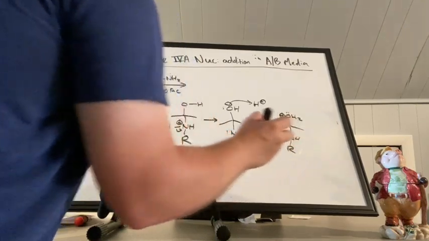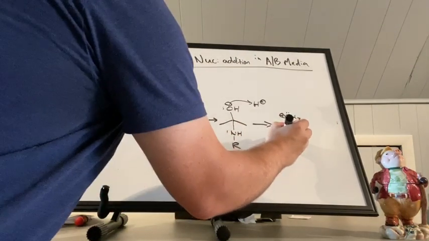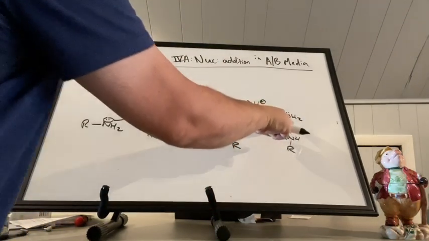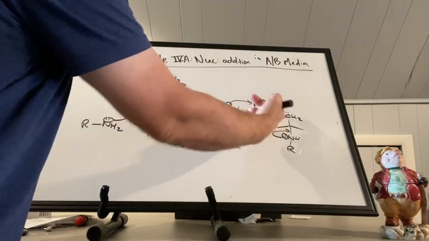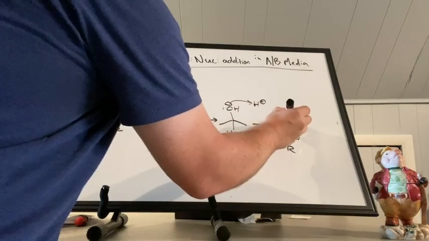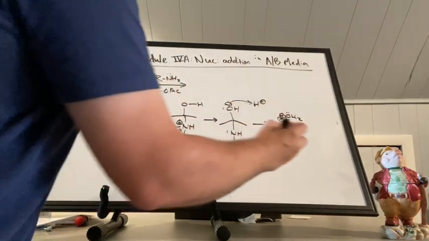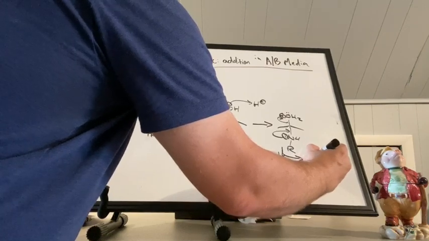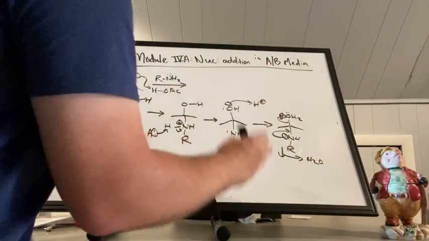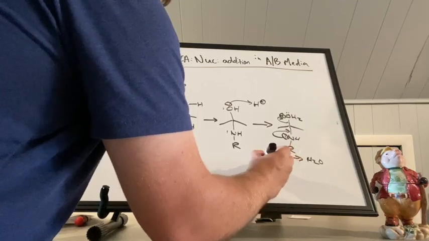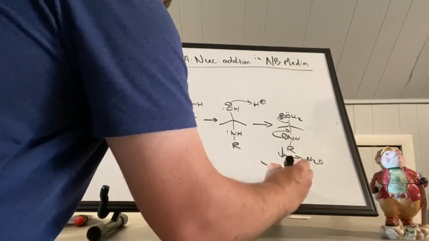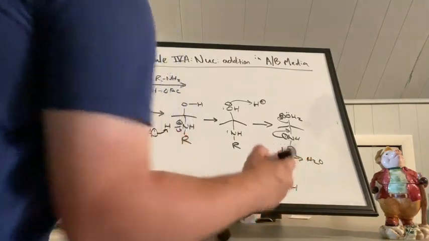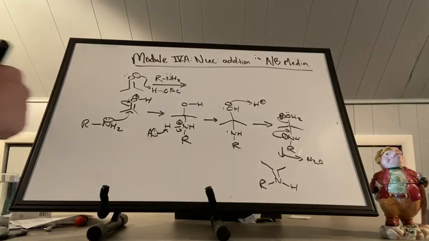Okay, so remember that lone pair is there. So that lone pair comes down and lends itself to this carbon that's more electropositive because this is drawing electron density out. It's going to kick that water off. That's going to be important because we're going to think back to what that means if we're trying to reverse things backwards.